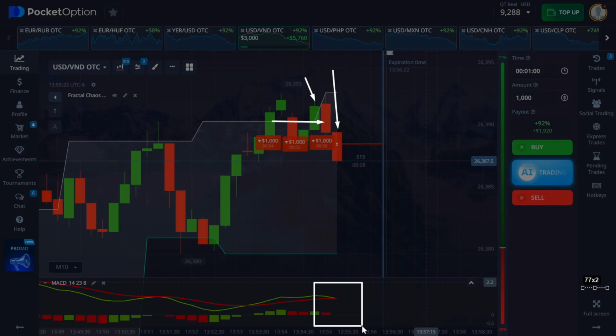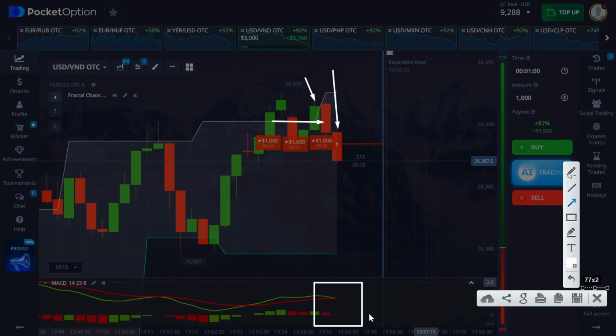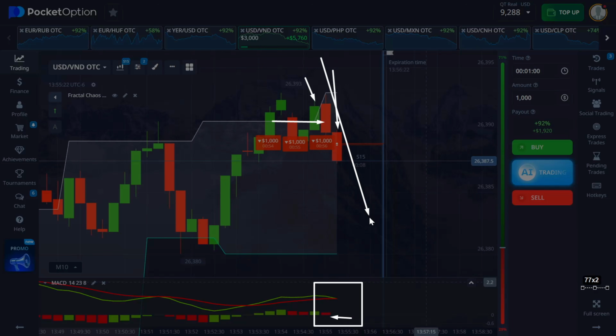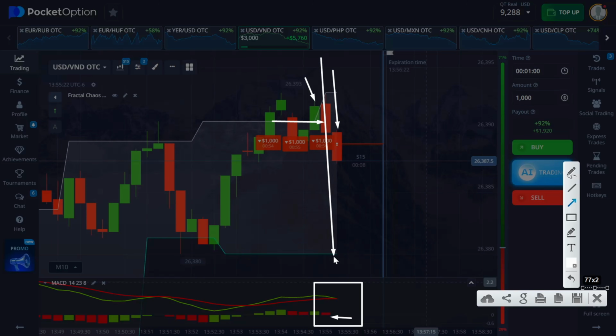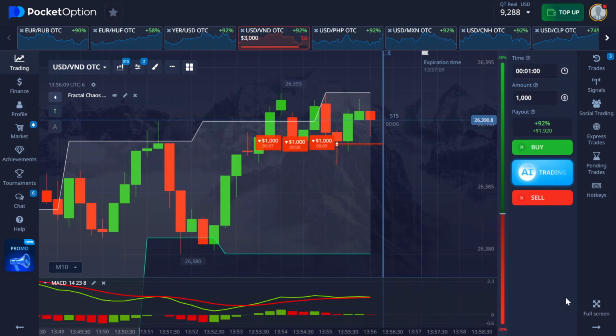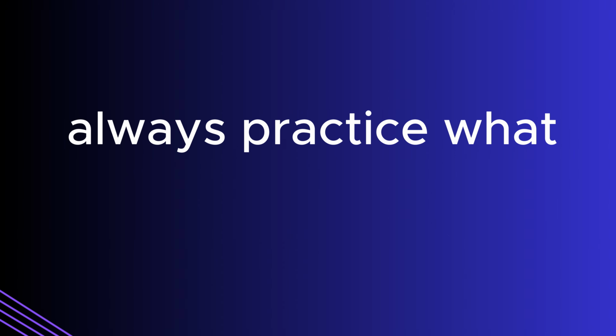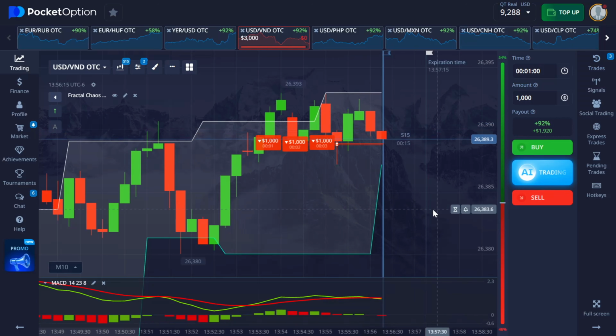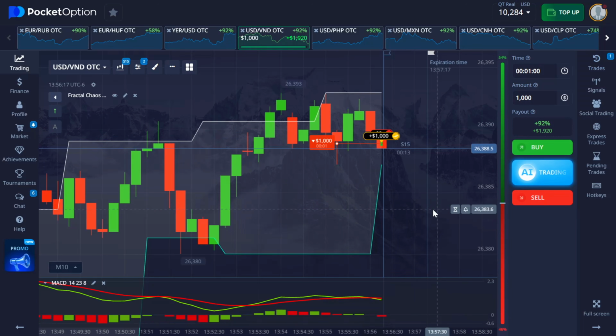It crossed slightly, and the histogram is there, which increases my confidence. So I'm expecting price to go down at least to this level right here. Okay, and this is all you have to do, guys. Add your confluences and stick to your plan, whichever plan you have for your session. Let's see if this trade is gonna be a winning trade.